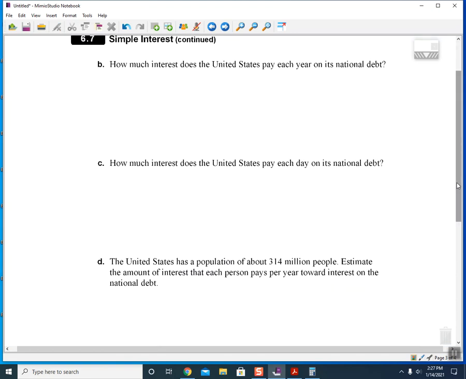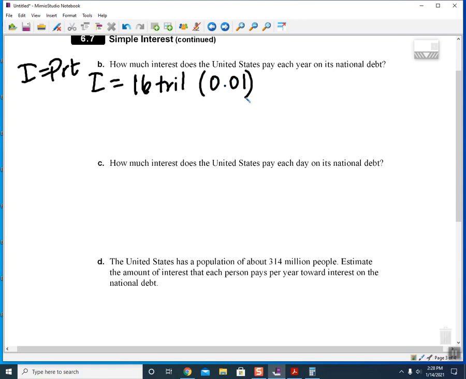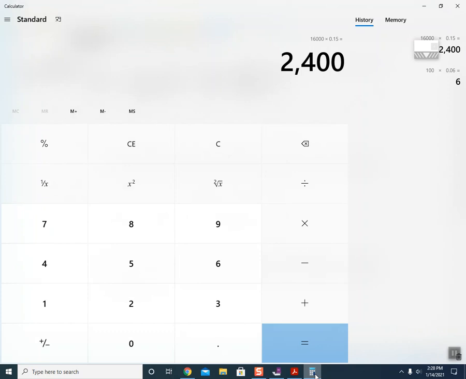So how much interest does the United States pay each year on its national debt? It's the same thing: interest equals principal times rate times time, right? So our principal was 16 trillion. We were told that it's a 1% interest rate. And then we just want to know per year, so times another 1, right? So we're going to do 16 trillion times 0.01. This will be fun.